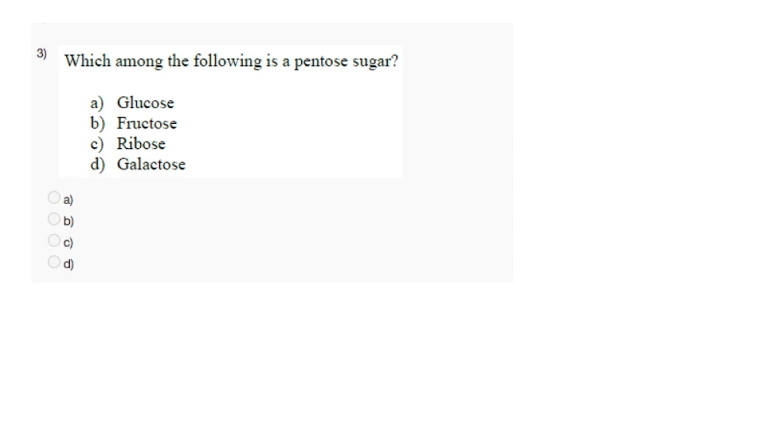Which among the following is a pentose sugar? Glucose, fructose, ribose, galactose. Ribose is the correct answer.